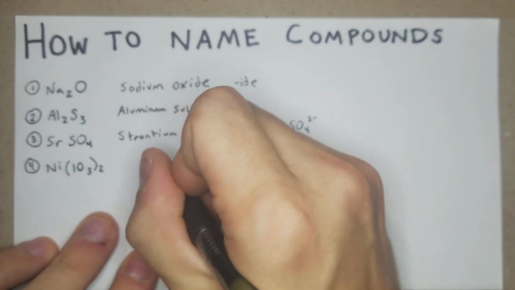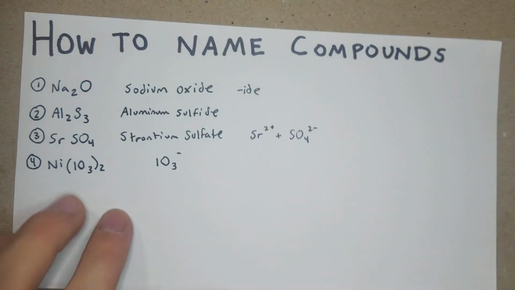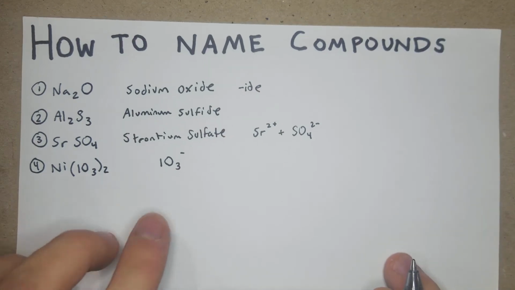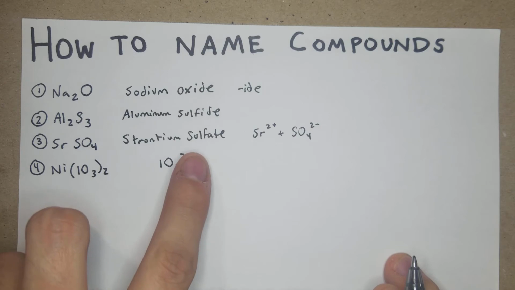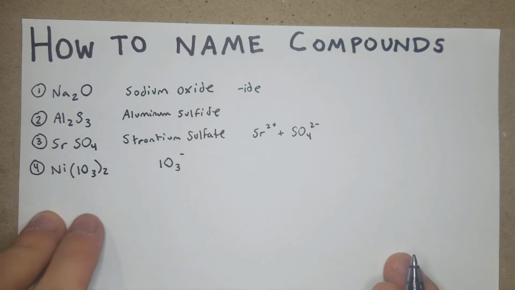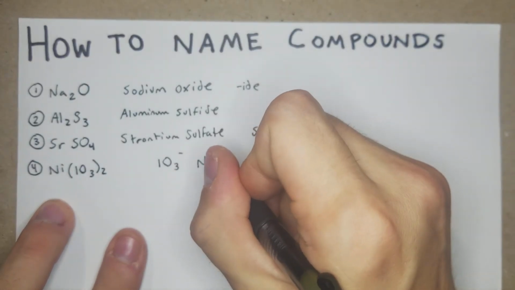If that breaks down, that's IO3-, and we know there's 2 of them. So the net charge of the IO3 is 2 times -1, which is -2, which means that to have a neutral charge, the nickel has to be a 2+.